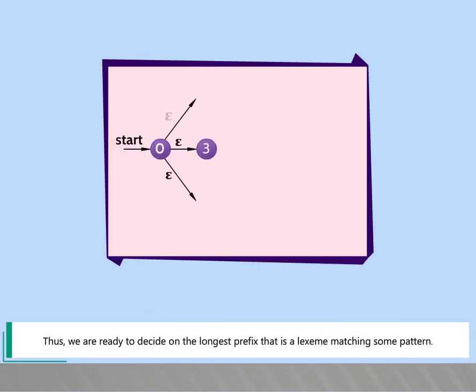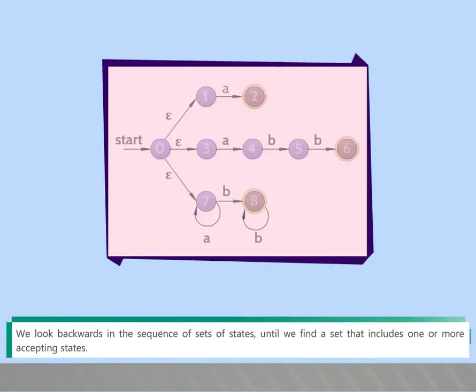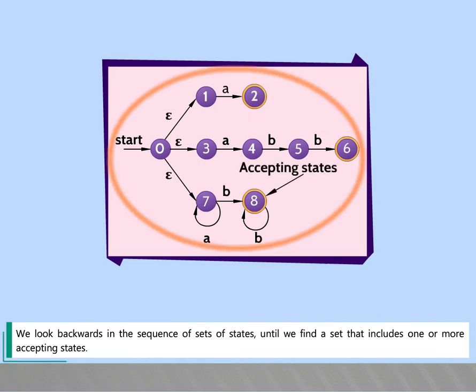Thus, we are ready to decide on the longest prefix that is a lexeme matching some pattern. We look backwards in the sequence of sets of states until we find a set that includes one or more accepting states.